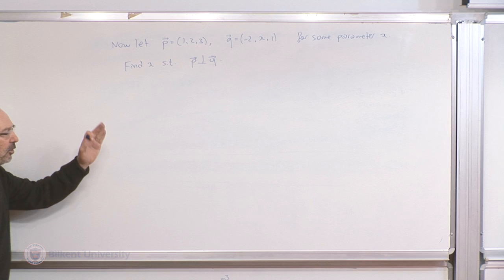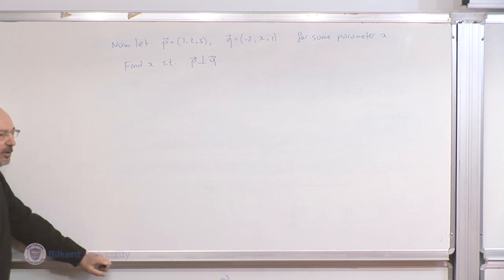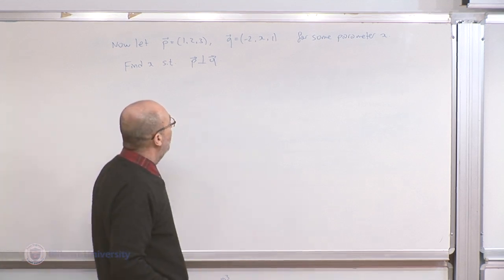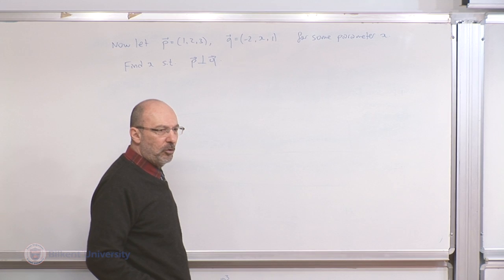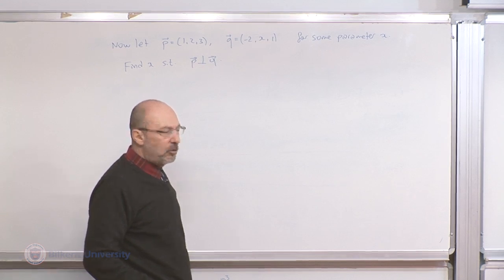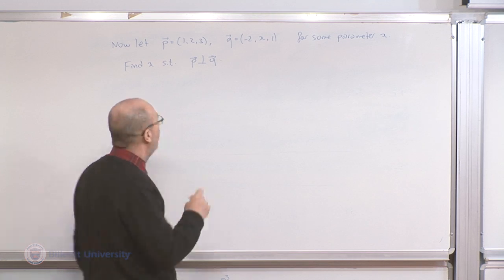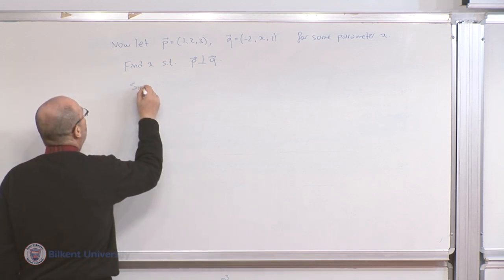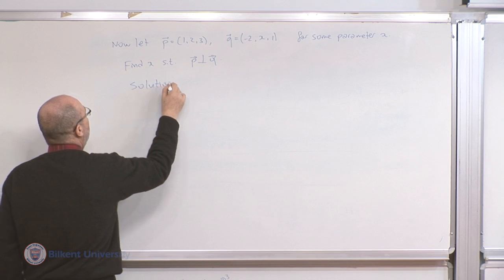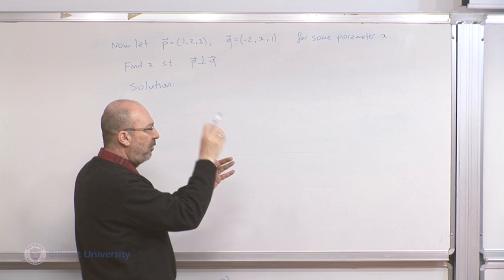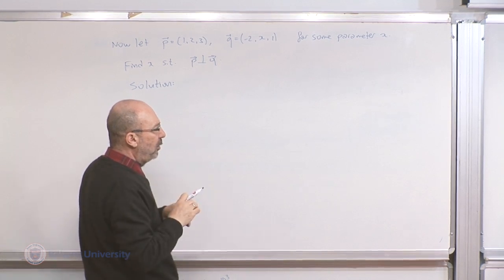Obviously, trying to do this in R3 visually is not feasible. We use algebra here. We take the dot product of P and Q and check if we can solve for x so that the dot product will be 0. Of course, this is a simple problem, but I'm trying to give you the essence of a complicated problem.